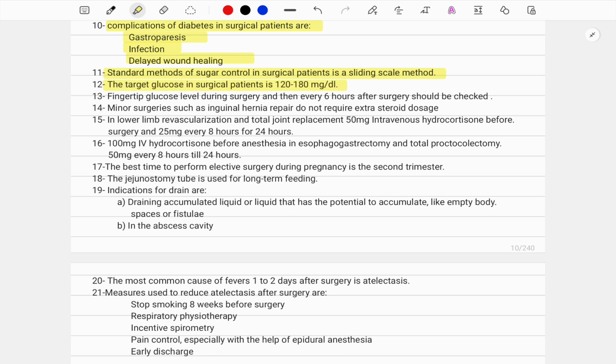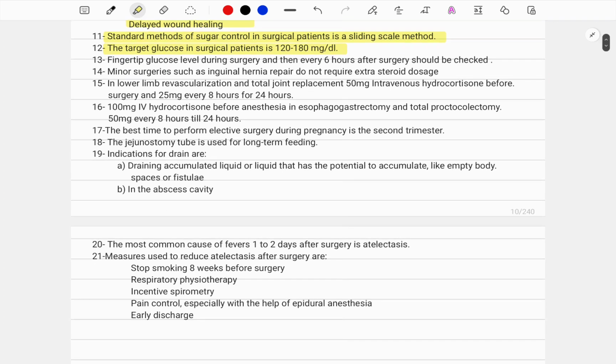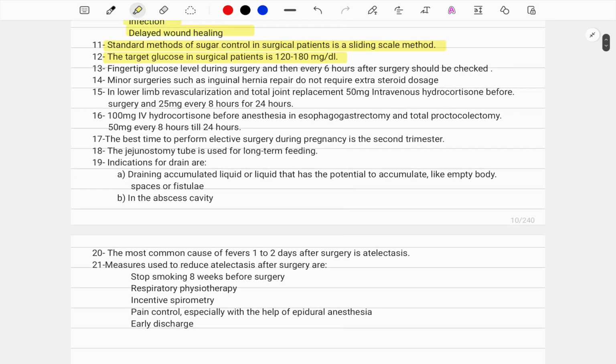Target glucose is 120 to 180 mg per deciliter, for which we can also use an IV infusion of 5% dextrose. Fingertip glucose level should be checked during surgery and then 6 hours after surgery.